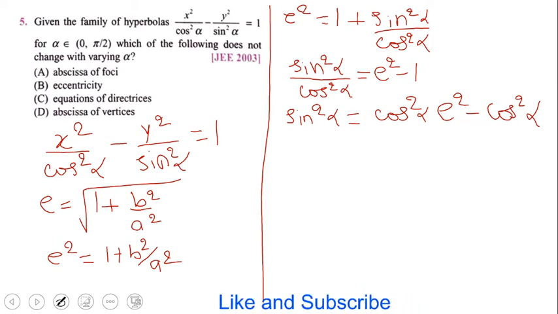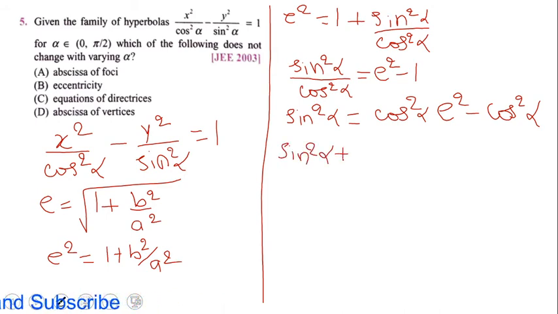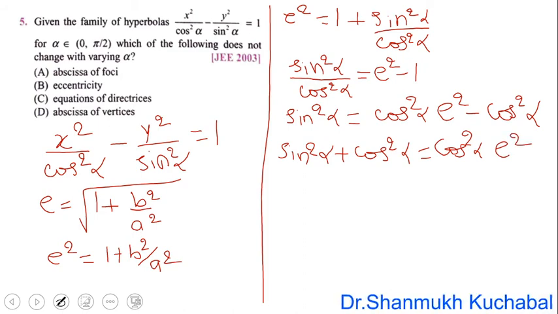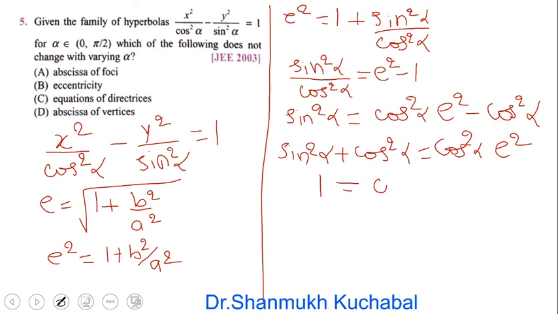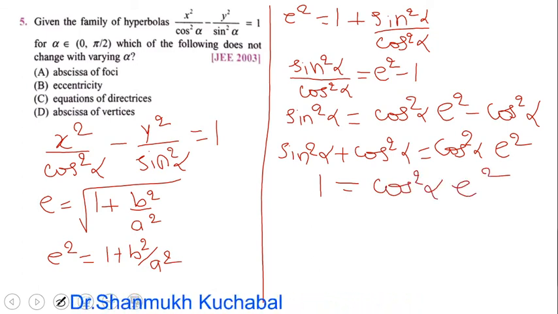Then the minus cos square alpha we transport to the LHS. We get sine square alpha plus cos square alpha equal to cos square alpha into E square. So we get 1 equal to cos square alpha into E square.